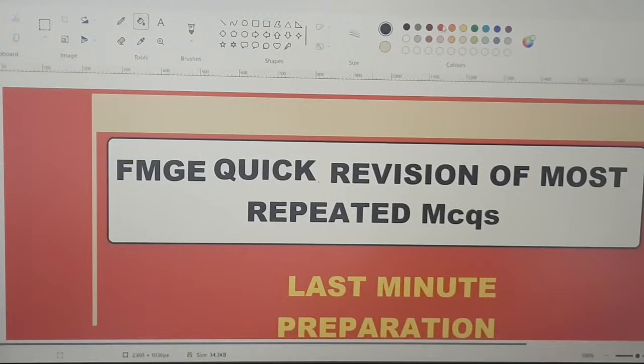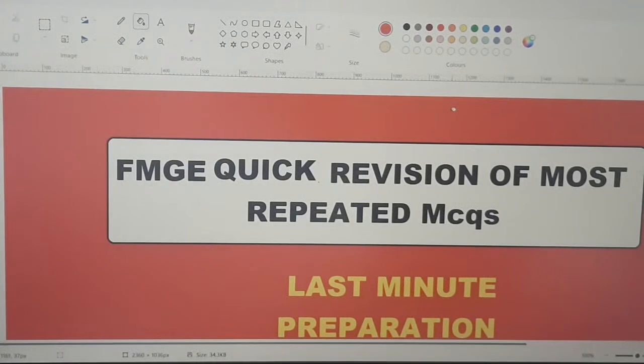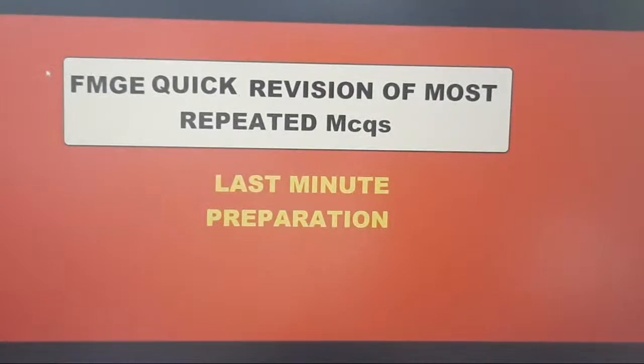Reconstituted Japanese encephalitis vaccine at 2 to 8 degrees can be stored up to how many years? 3 years.